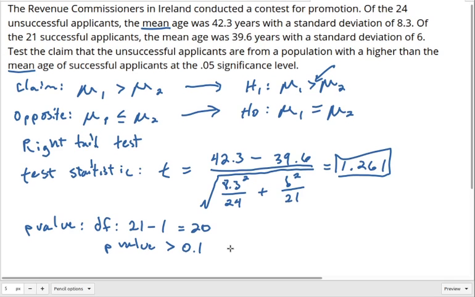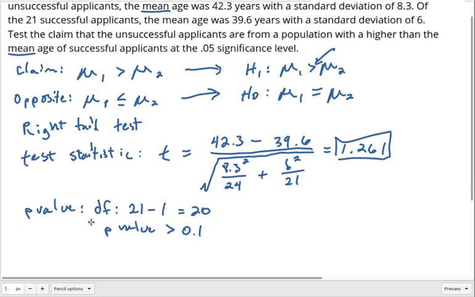And then I compare my p-value to the significance level. If my p-value is bigger than 0.1, it is certainly bigger than 0.05. So for that reason, my p-value is too big. I fail to reject the null hypothesis.